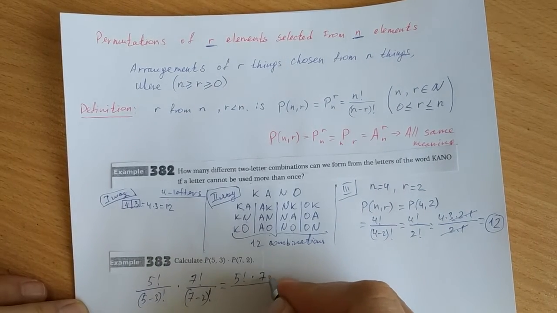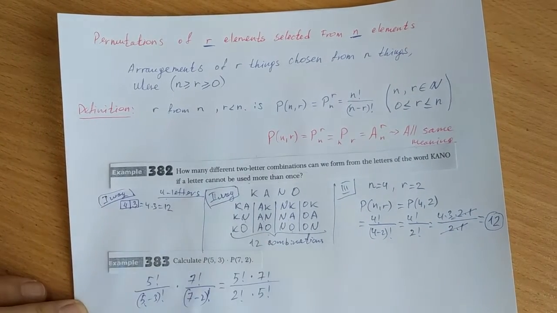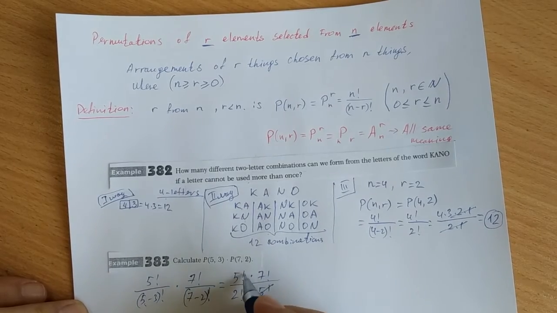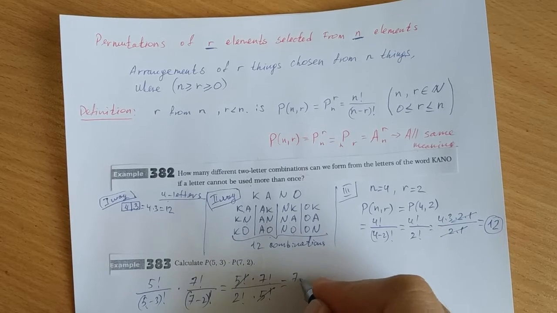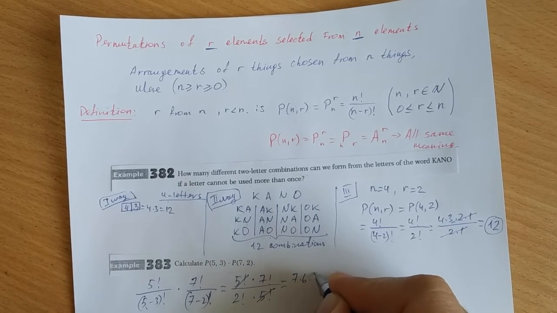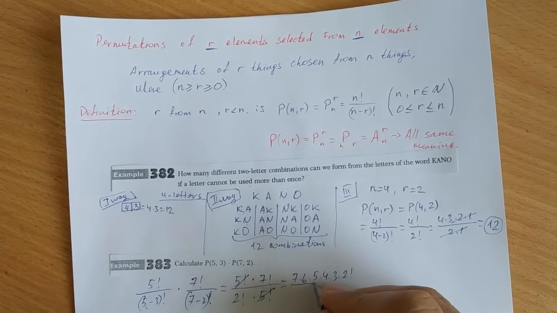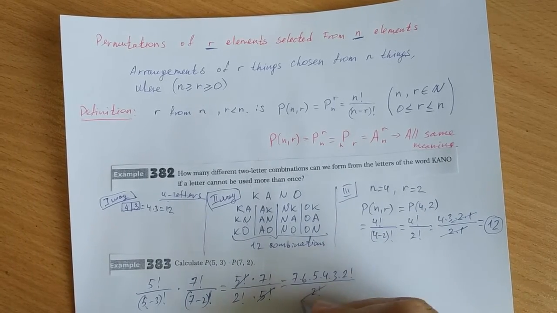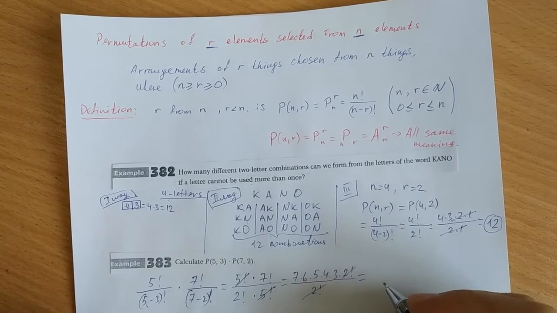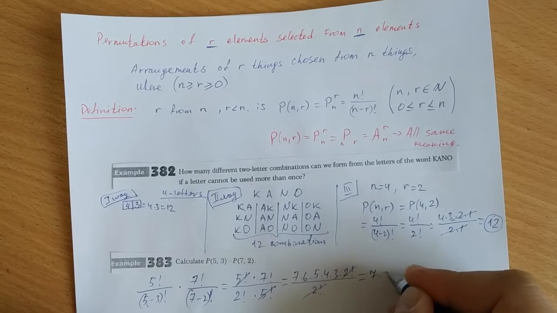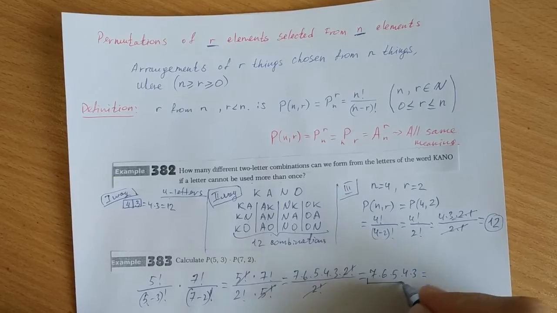We can multiply the upper sides, and here we have 2 factorial times 5 factorial. 5 factorial and 5 factorial cancel each other. Now, let's open the 7 factorial: 7 times 6 times 5 times 4 times 3 times 2 factorial. I can stop here. The 2 factorial cancel each other. Then it is equal to 7 times 6 times 5 times 4 times 3. You can multiply by yourself or you can leave it like this.